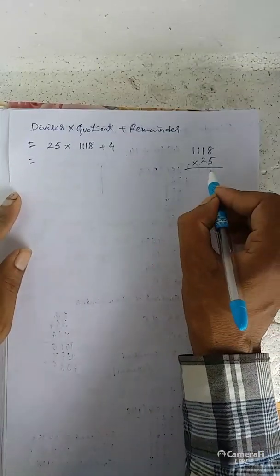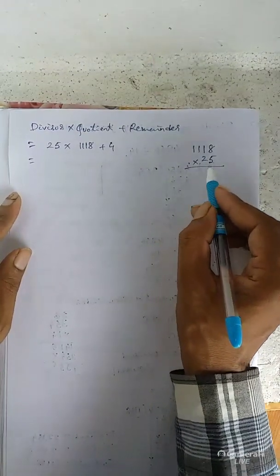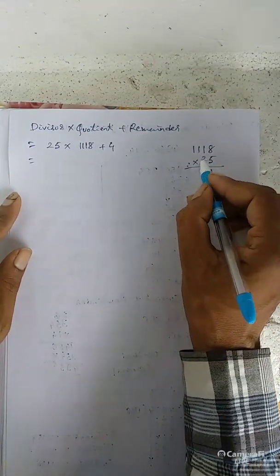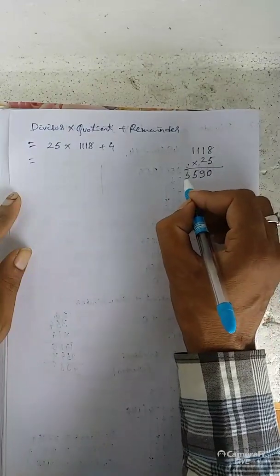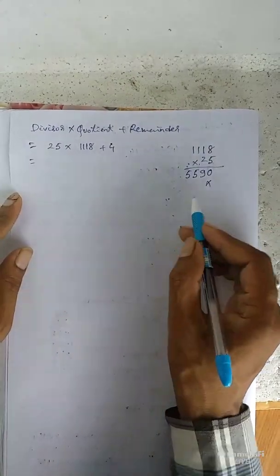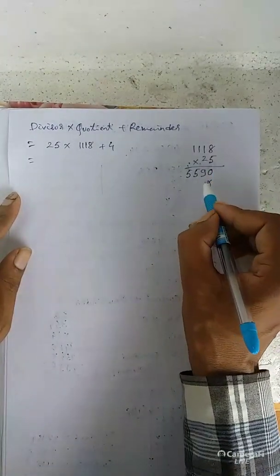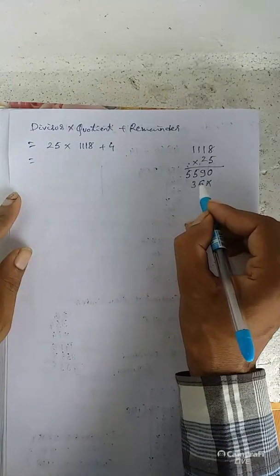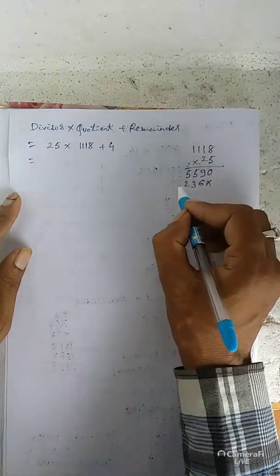5 8 is 40, 0, 4 carry, 5 1 is 5 plus carry 4, 9, 5 1 is 5, 5 1 is 5, 5 5 9 0. Give a cross sign just below 0. Now multiply it by 2, 2 8 is 16, 1 carry, 2 1 is 2 plus 1, 3, 2 1 is 2, 2 1 is 2.